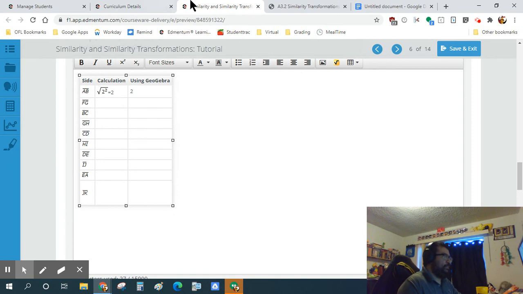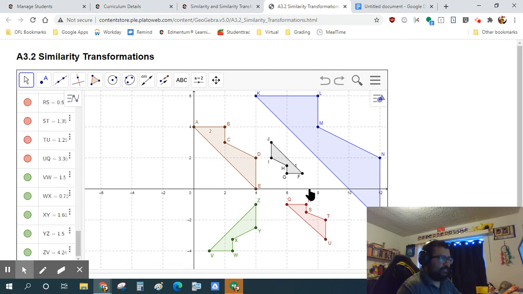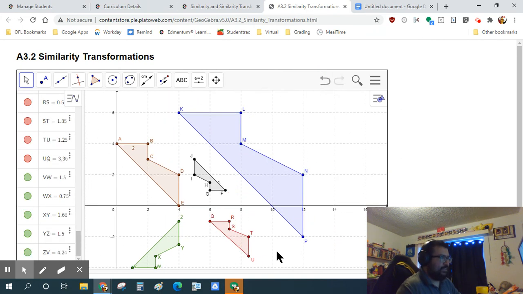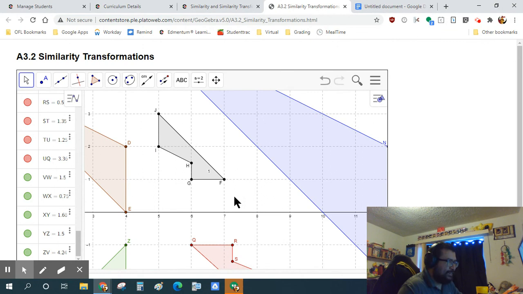Cool. Now we're going to do FG. Well, if I look at FG, let me just undo all of this. That was a bad idea. Okay, cool. There we go. So if I look at FG, I'm looking at this one. Well, if I look here and I zoom in, I see that I have no y. So it's just 1.